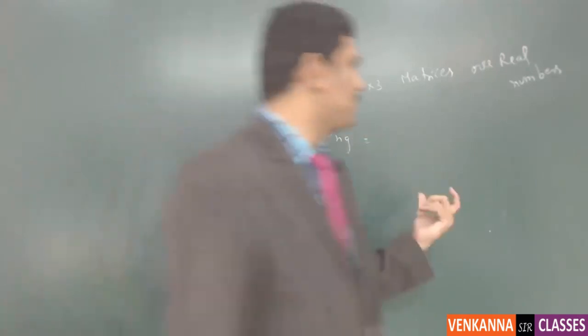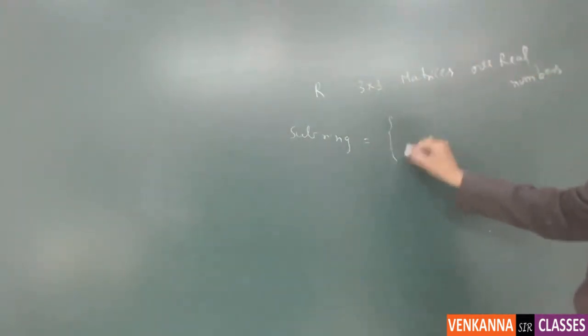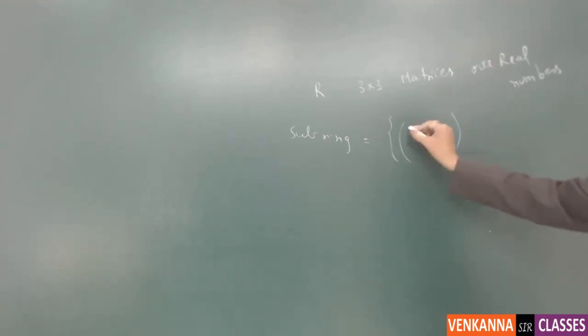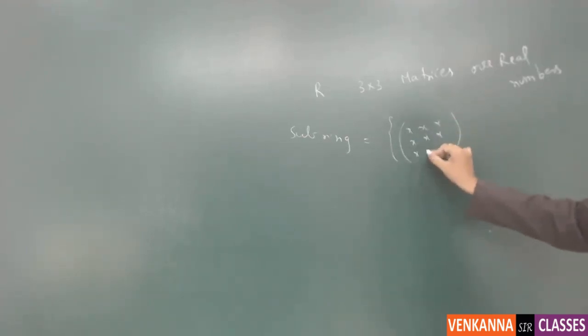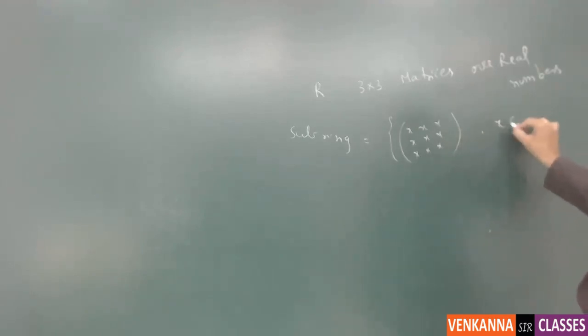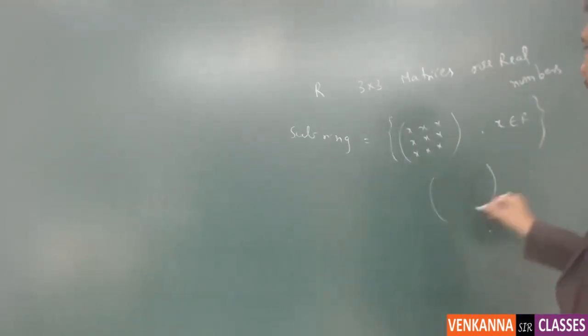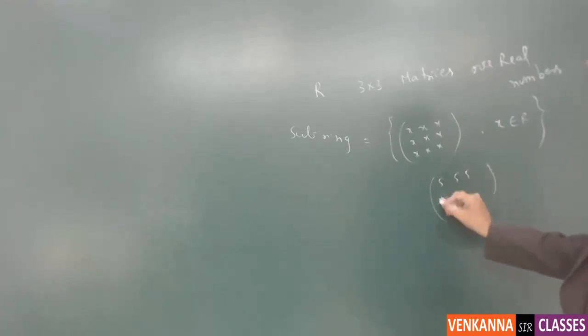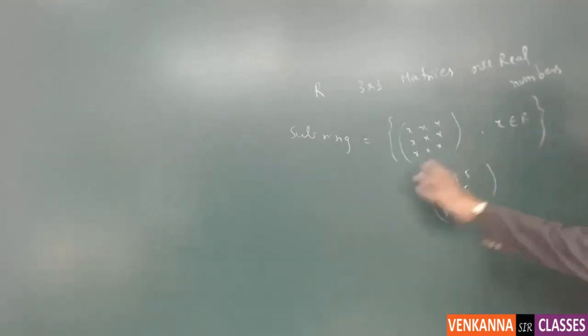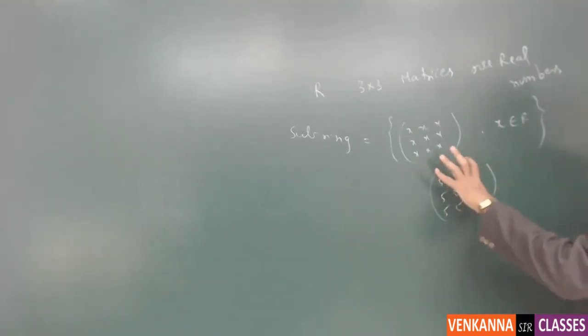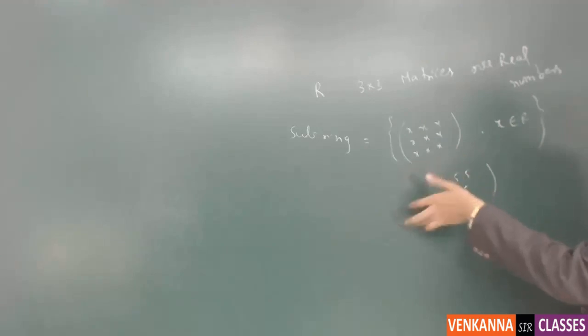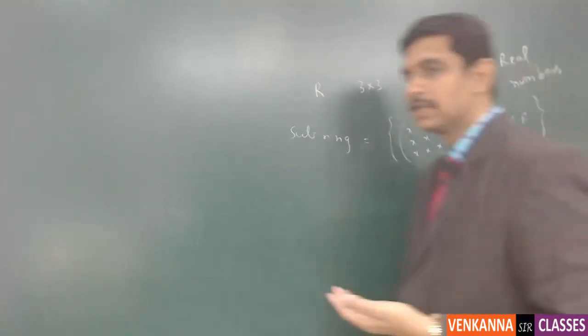So here I am taking the matrices of the form where all the values are equal. What type of matrices am I considering here? I am considering matrices of the form 5, 5, 5, 5, 5, 5, 5, 5, 5. This type of pattern of matrices I am considering in one set, and I am saying that this is a subring. Clear?